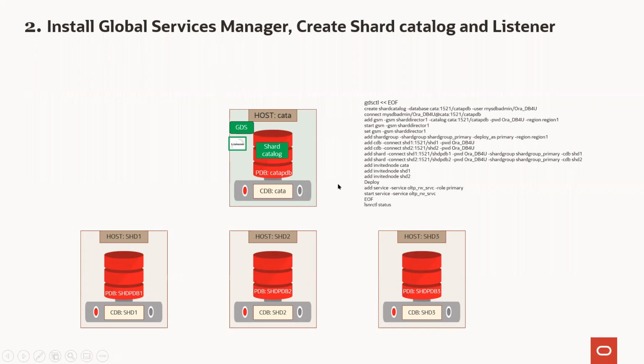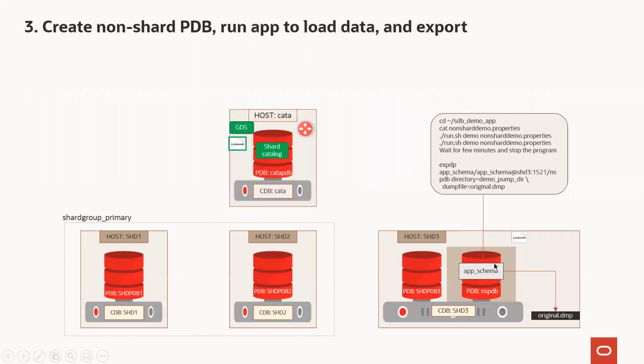Then in this VM, we are going to create a pluggable database called NSPDB, that is non-sharded PDB, even though the container database already has a pluggable database. Within that, we run an application that creates a schema and populates the data.